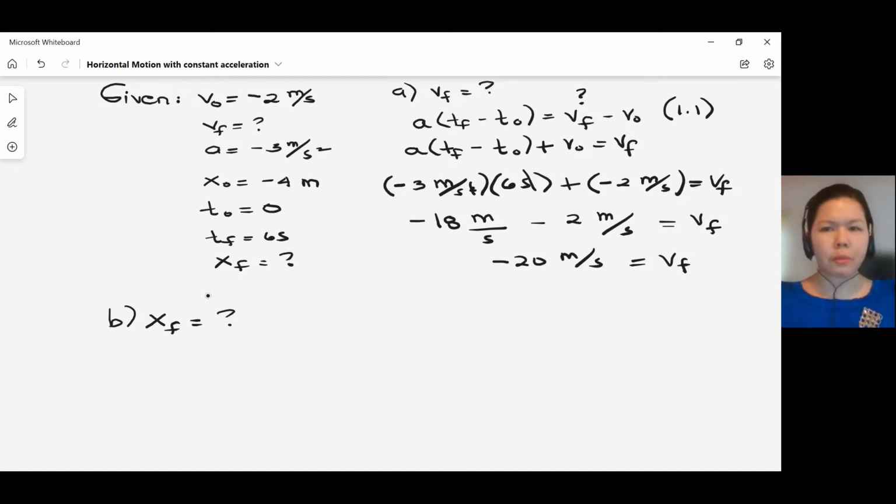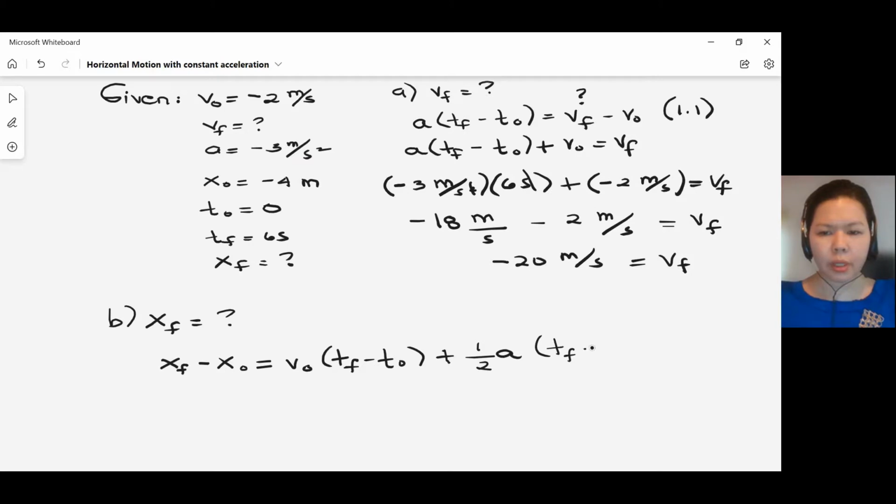Now we can choose from among, again, the three equations, and with the given, we can use number 3, or equation 1.3. X F minus X naught is equal to V O times T F minus T naught plus 1/2 A times T F minus T naught squared.